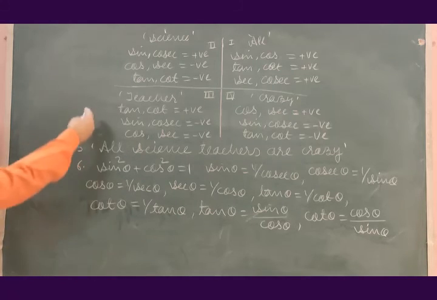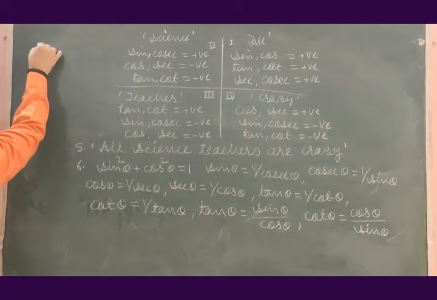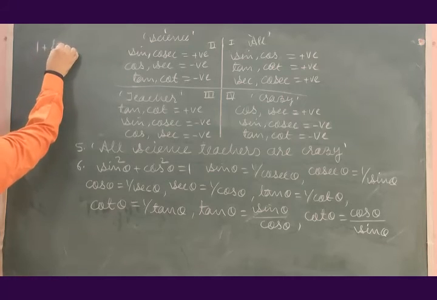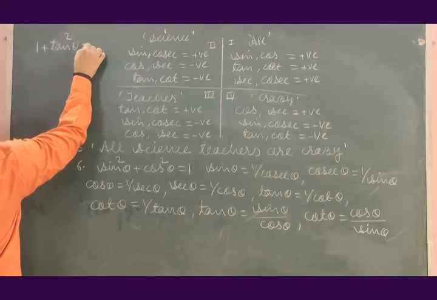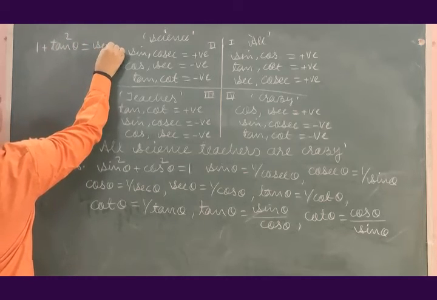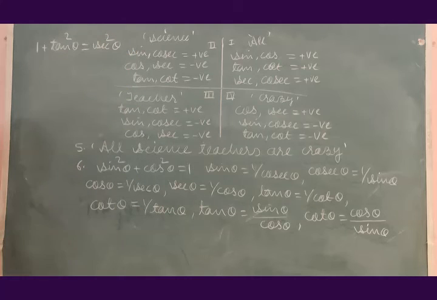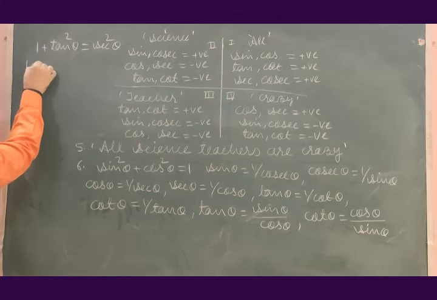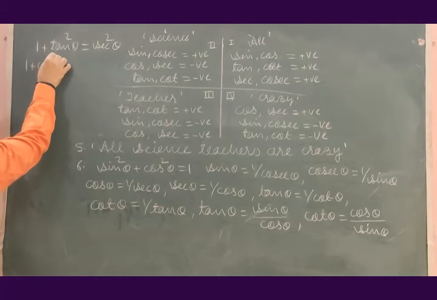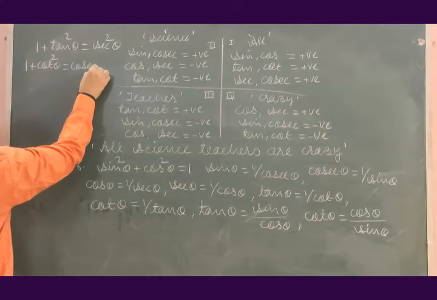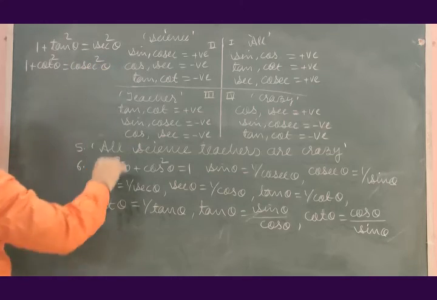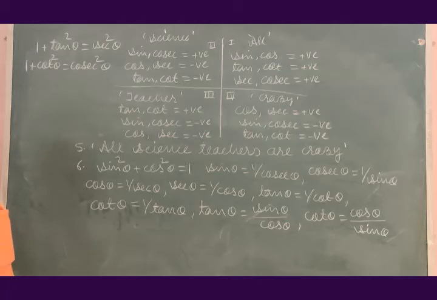Then 1 plus tan square theta is equal to sec square theta. Similarly, 1 plus cot square theta is equal to cosec square theta.